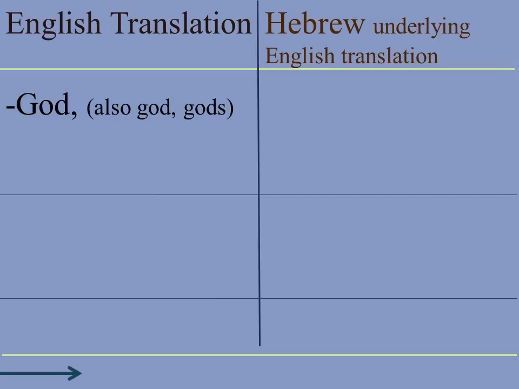The chart here has the English translation on the left, and then the Hebrew underlying the English translations on the right. A capital G-O-D, God. Also included here is lowercase god and gods. The Hebrew underlying these English translations is Elohim and El, both of which are titles.